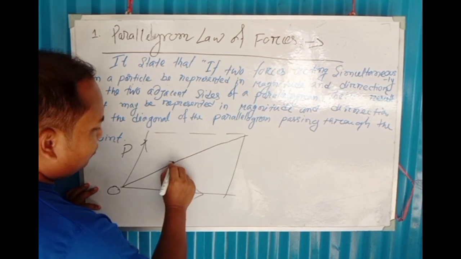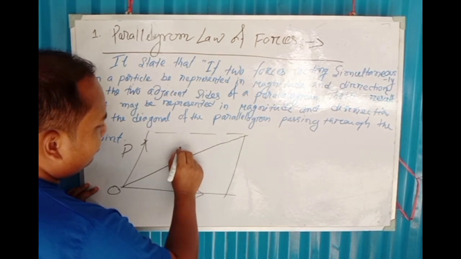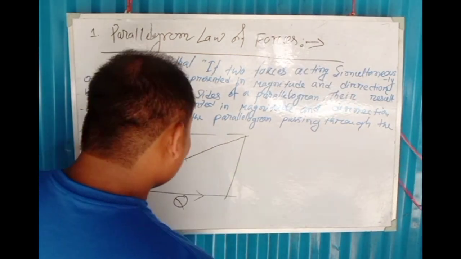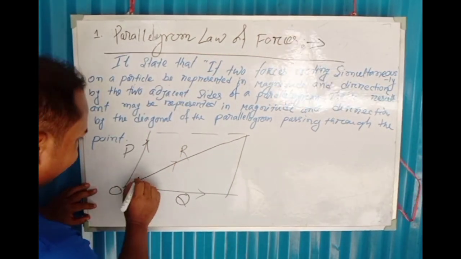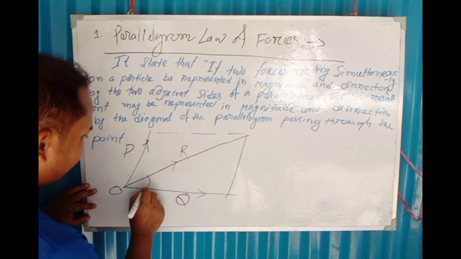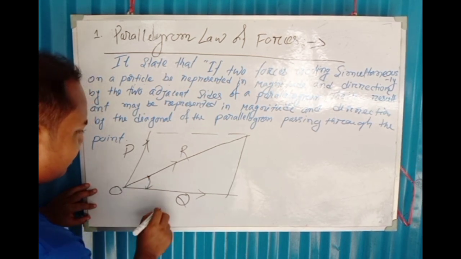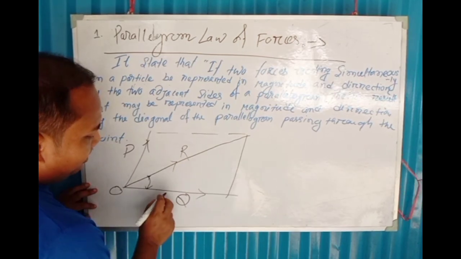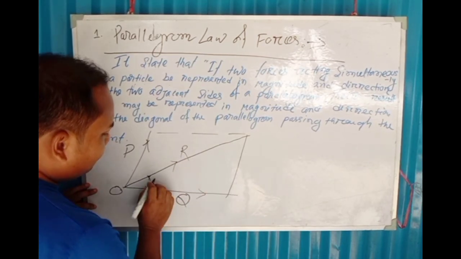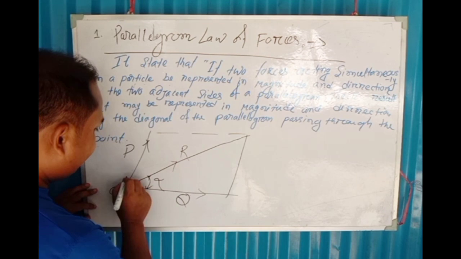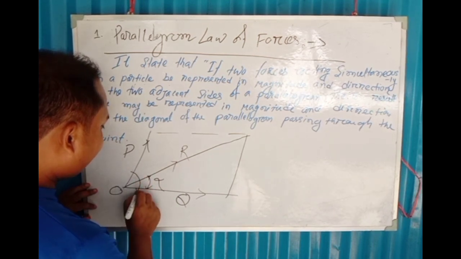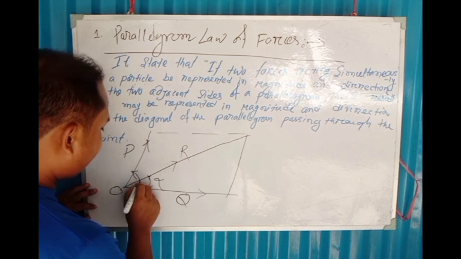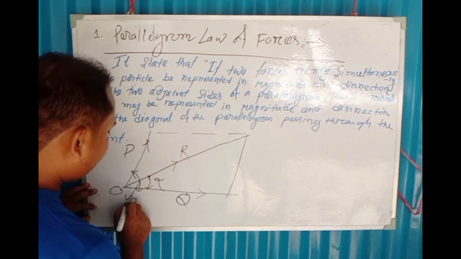And this is the resultant force. The angle which the resultant force makes with the Q force is alpha, and the angle between P and Q is theta.